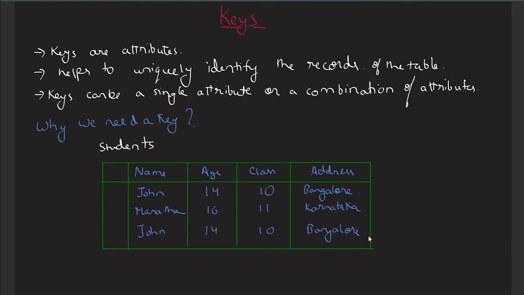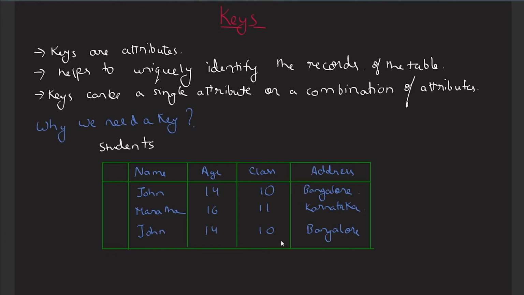Now if we access the details of John, then we get these two results. All the information is the same, but these two students are different. These are not the details of a single student.